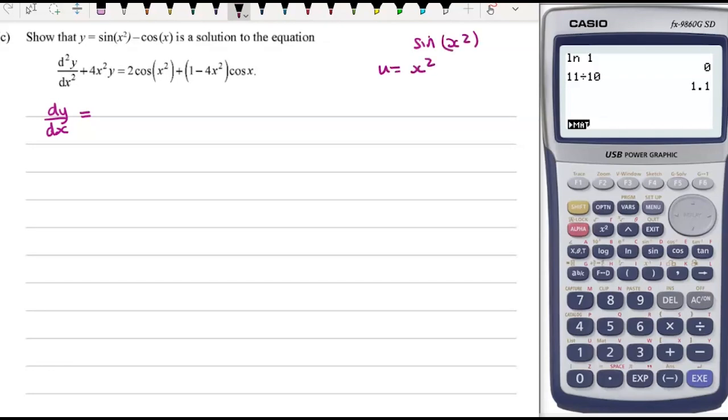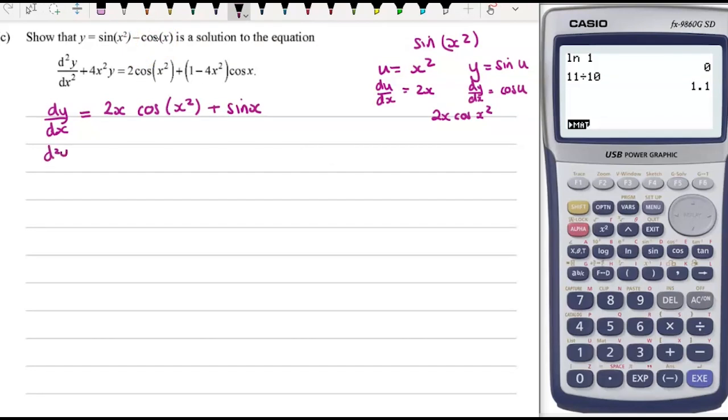This is a chain rule, and sometimes they are a little bit harder to see with trig functions, so I'll just write it out in here. du by dx would be 2x, and dy by du, sine turns into cos u, so timesing them together gives us our answer, so it'll be 2x cos u, which is x squared. So the derivative of that first term is 2x cos of x squared, and the second term, this minus cos x, well, cos goes to minus sine, so that becomes a plus sine x.